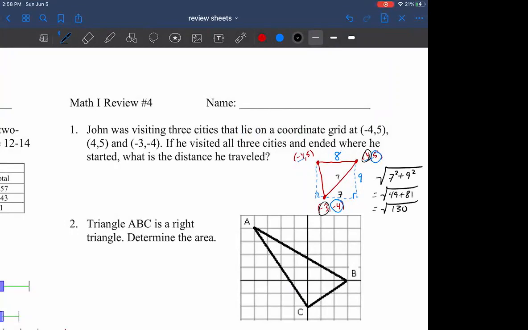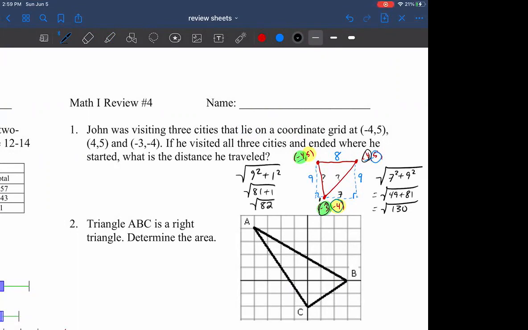Now let's go to the other one. If I look at the y's, -4 and +5 again, the height here is 9. The x values are -4 and -3, which are only 1 apart. So this time the distance is the square root of a squared plus b squared, with 9 squared plus 1 squared, which is 81 plus 1.